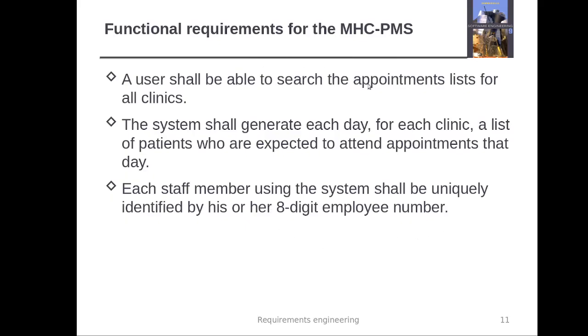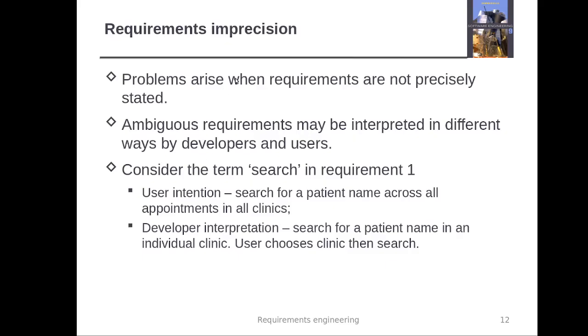Now, in these requirements, there can be some kind of imprecision. Imprecision means that if the requirements we are giving are not precisely stated, then there may be some problem. Suppose we have to search for the appointments. This can lead to different kinds of understanding.